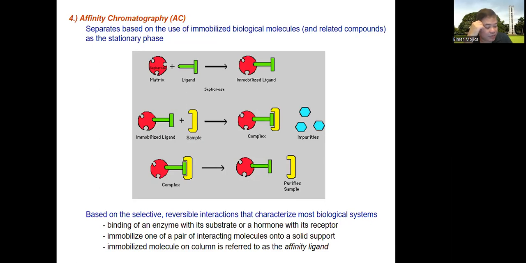So in affinity chromatography, you're going to immobilize your biological molecules as the stationary phase, and it will bind with a specific substrate. So binding of an enzyme with the substrates or a hormone: you immobilize one of a pair of interacting molecules onto a solid support, or an immobilized molecule on a column, that is referred to as the affinity ligand.